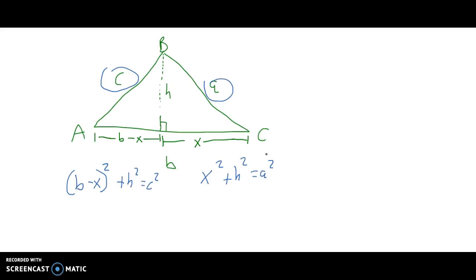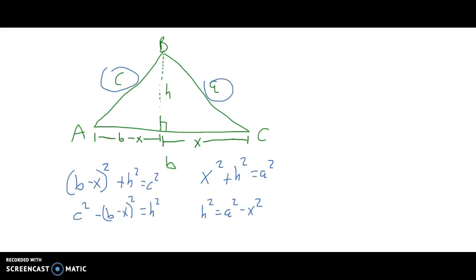So that's nothing new for us at this point. Now I can rewrite this, so I get c squared minus (b minus x) squared is equal to h squared, and also h squared is equal to a squared minus x squared.